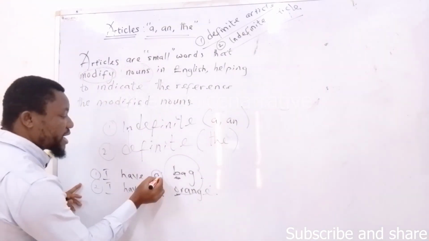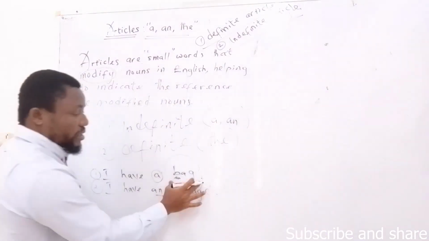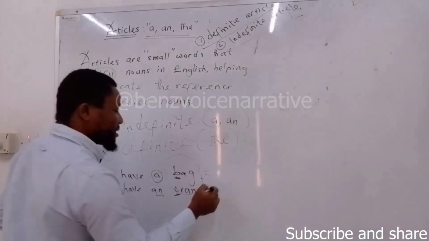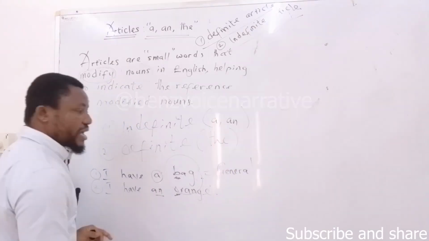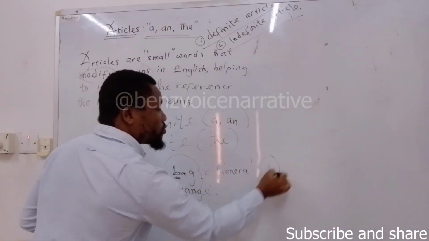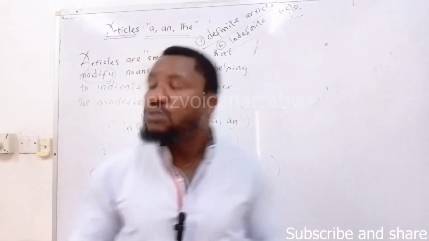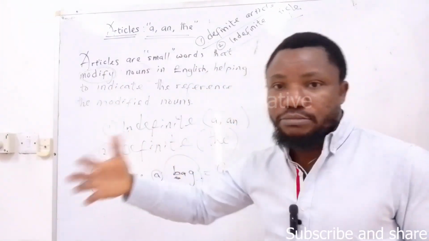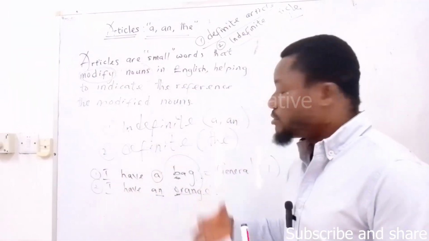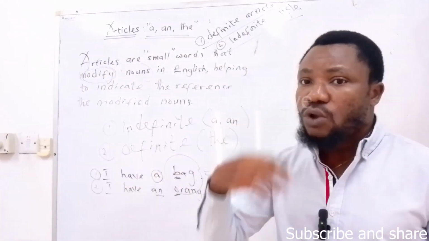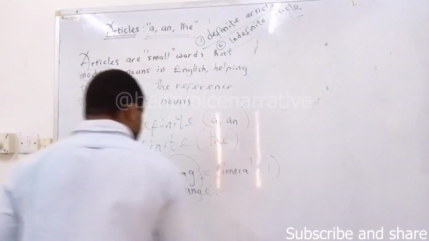Now, every time that we have a come before a noun, the noun is general. It's not specific. And again, it means talking about one item. So the articles show number. Indefinite articles show number, and the number that they show is a single or solitary item. Okay.